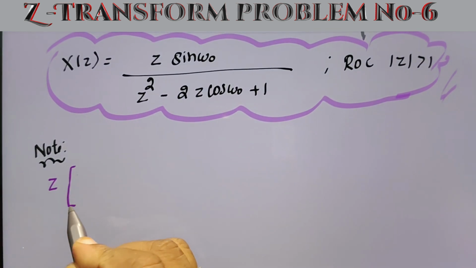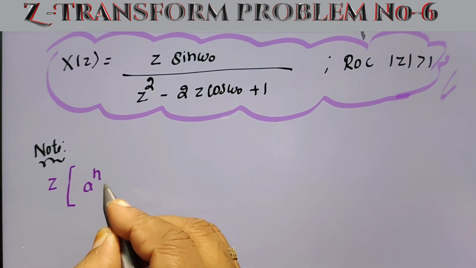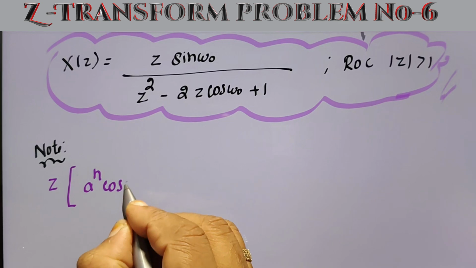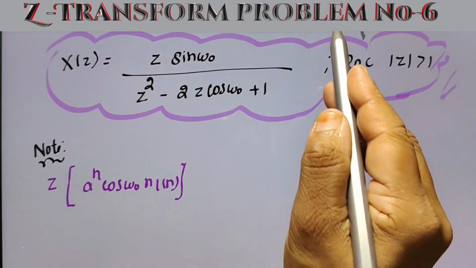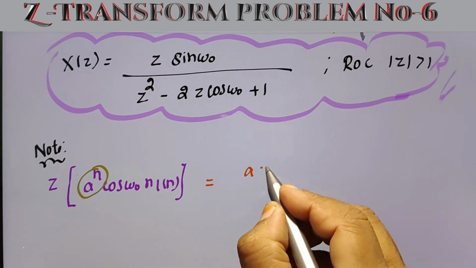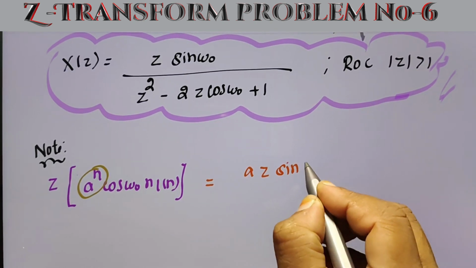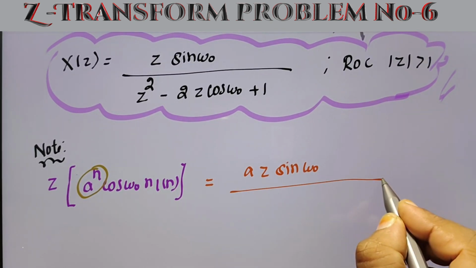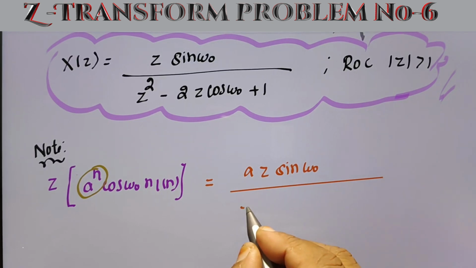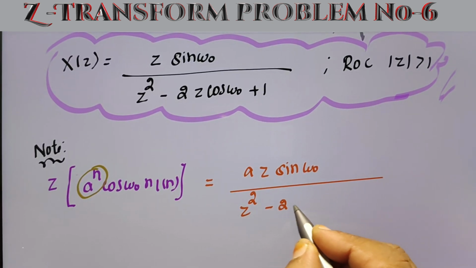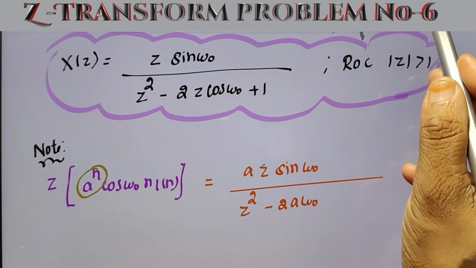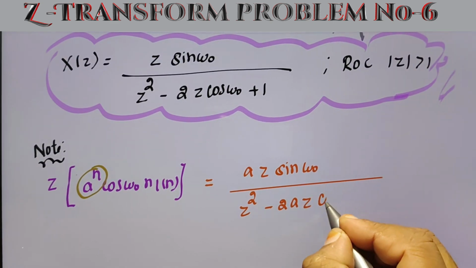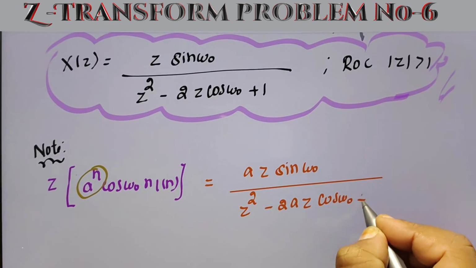Z transform of a power n into cos omega naught n into u of n. Here additionally, a into z sin omega naught the whole divided by z square minus 2a z cos omega naught plus 1.